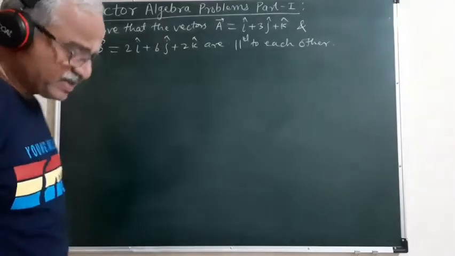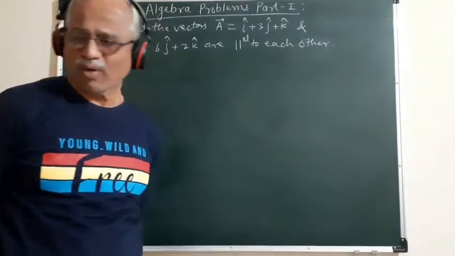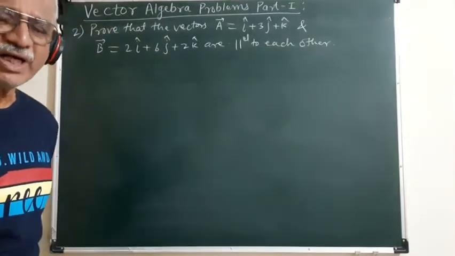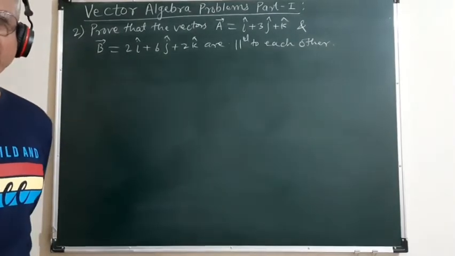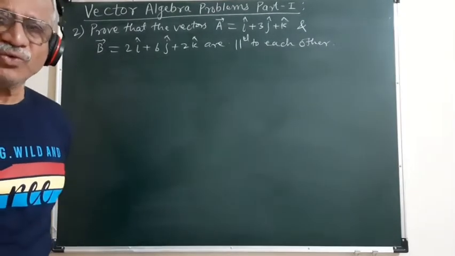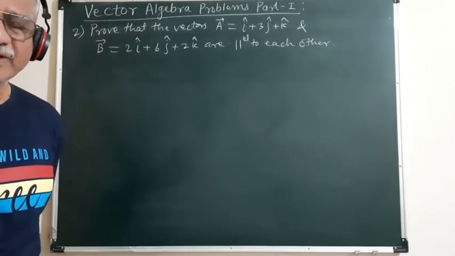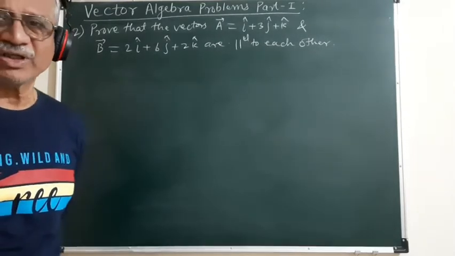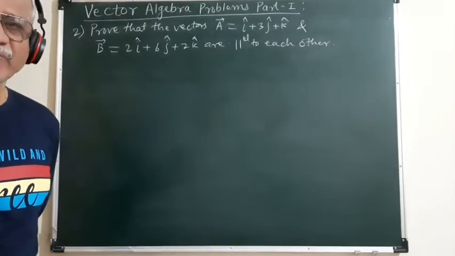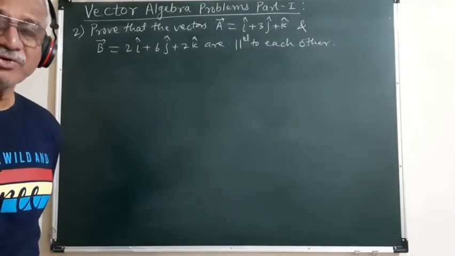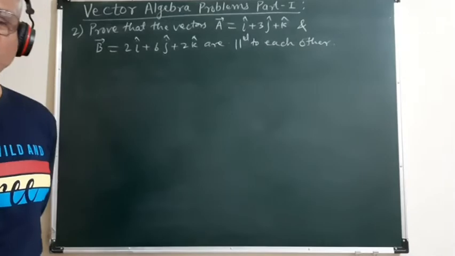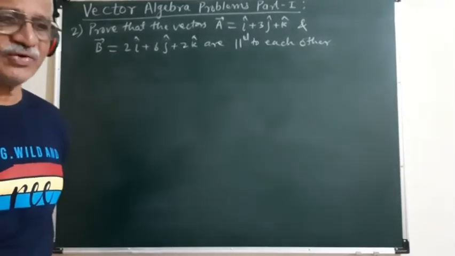As we have seen while discussing the properties of dot product and cross product, if two vectors are parallel to each other, then the dot product is non-zero. But if the two vectors are perpendicular to each other, the dot product of such two vectors is 0.